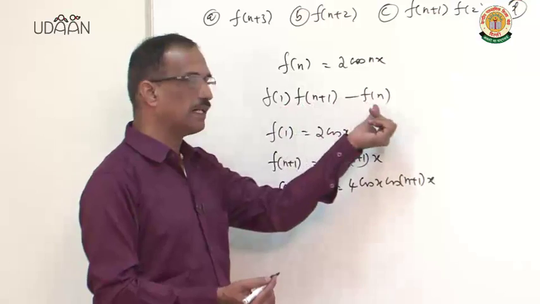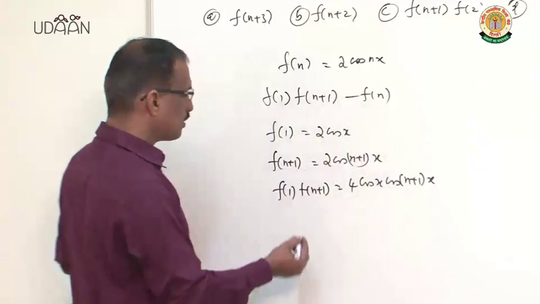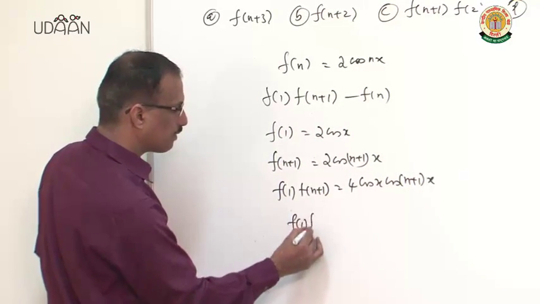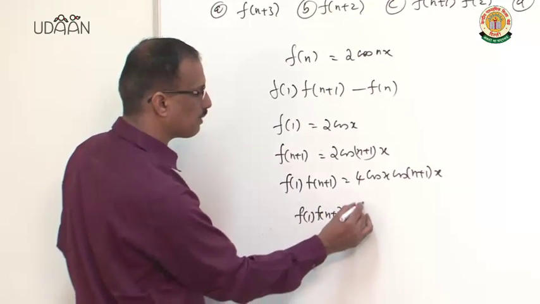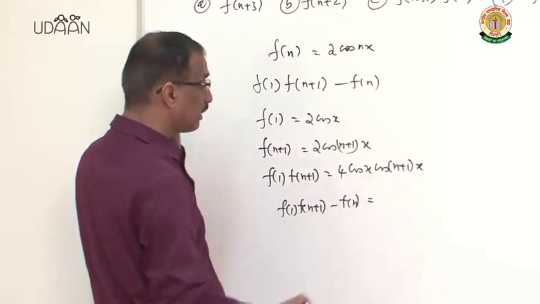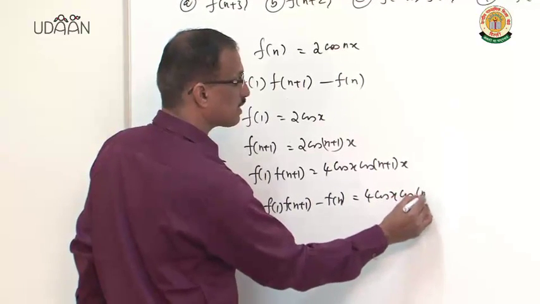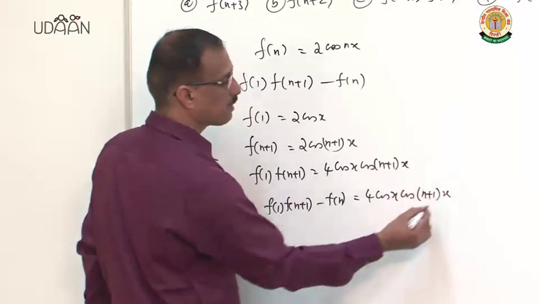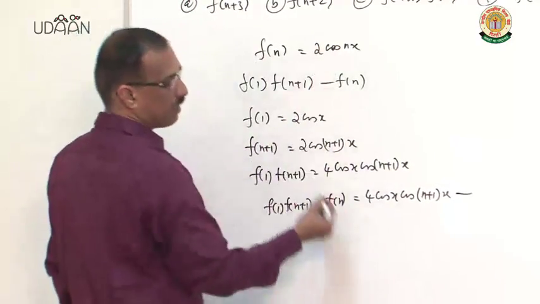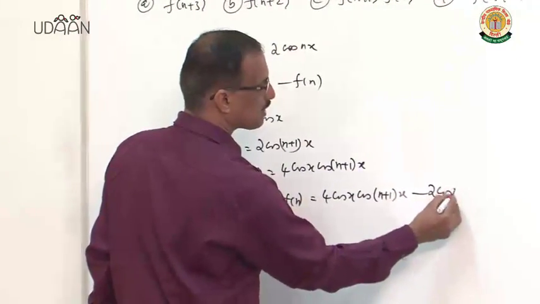Now, what we have to find out with these values. So, now f(1) into f(n plus 1) minus f(n) equals 4 cos x cos (n plus 1)x minus f(n), which is 2 cos nx.